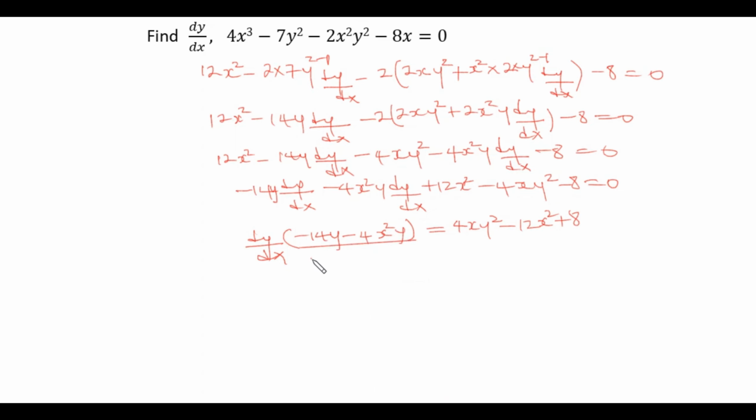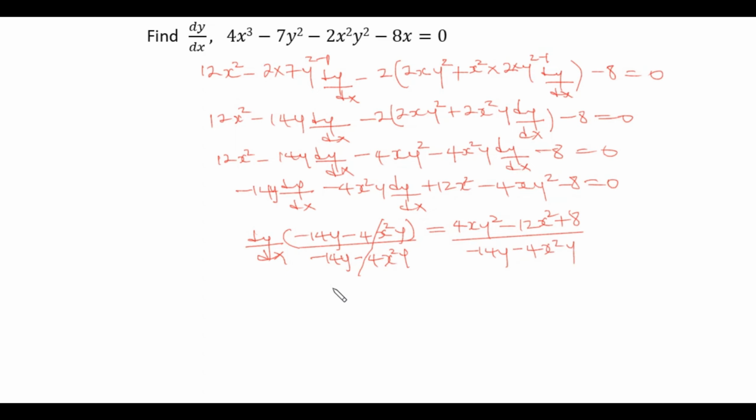So minus 14y minus 4x squared y. This one cancels this. We are left with this, minus 14y minus 4x squared y.